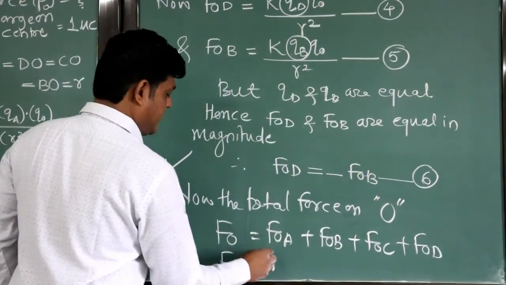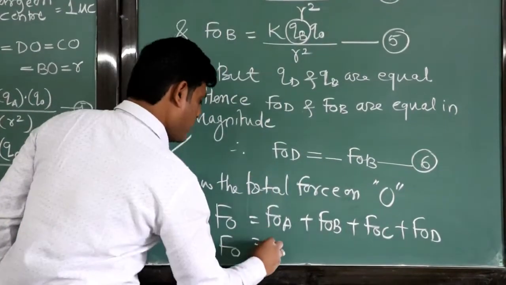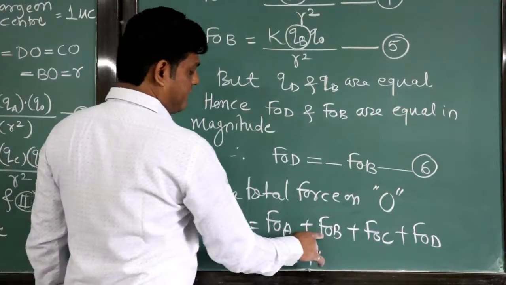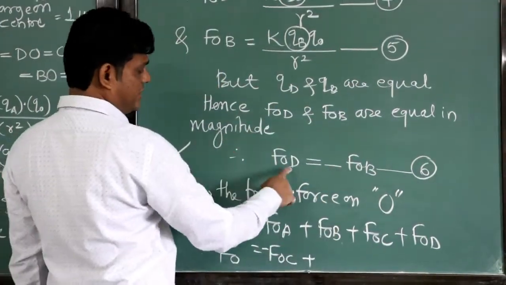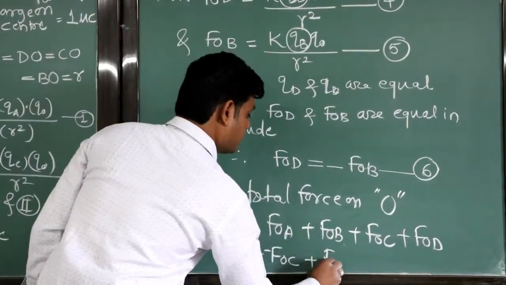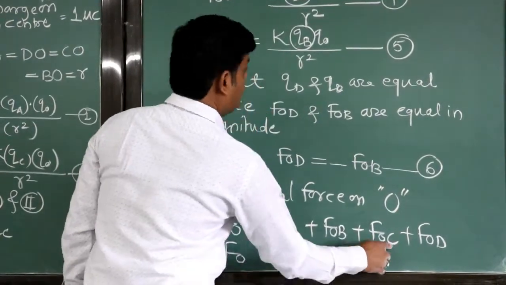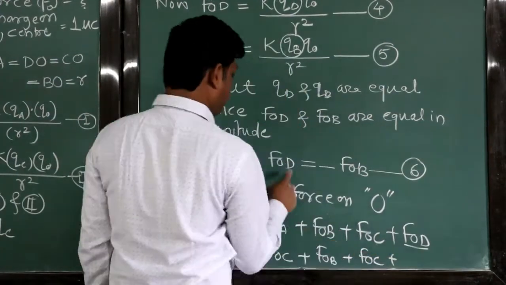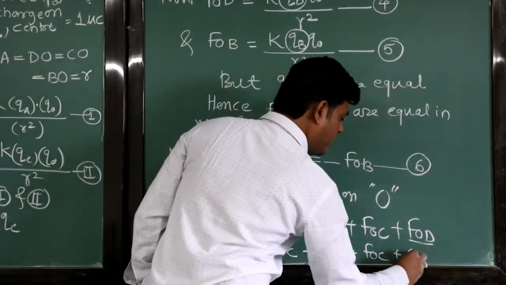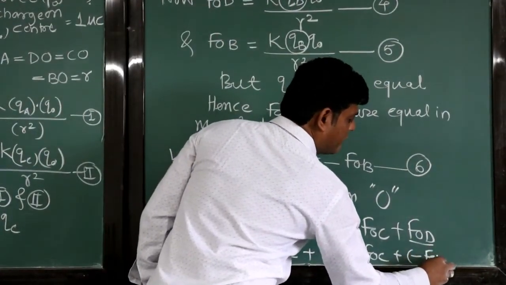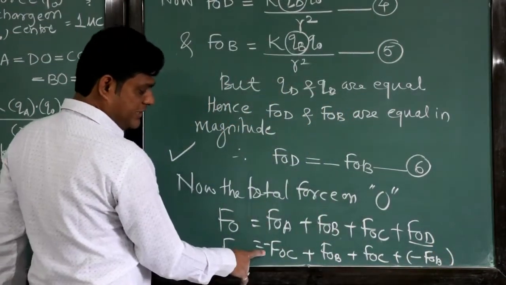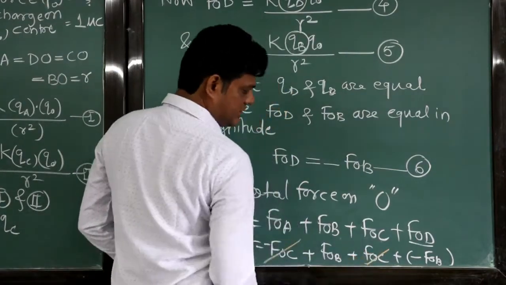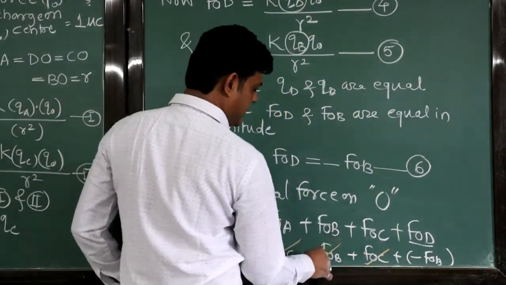FOA equal to minus of FOC, plus FOB remains as it is, FOC remains as it is, plus FOD equal to minus of FOB. Here this minus and this plus get cancelled.